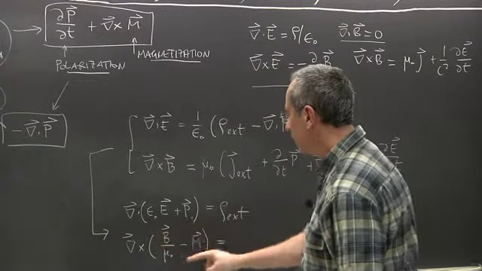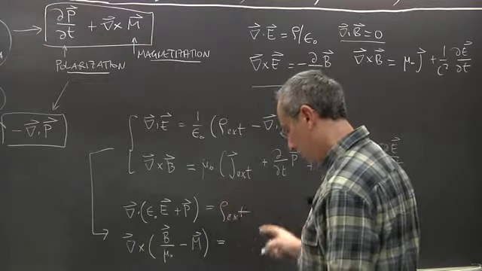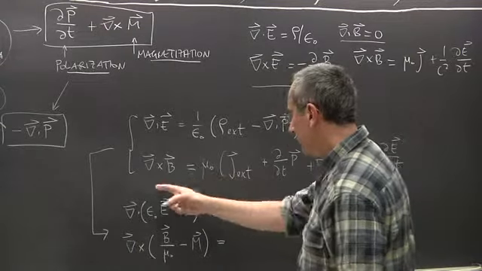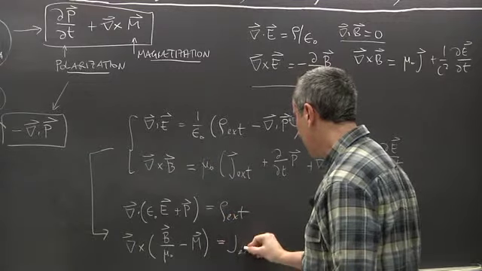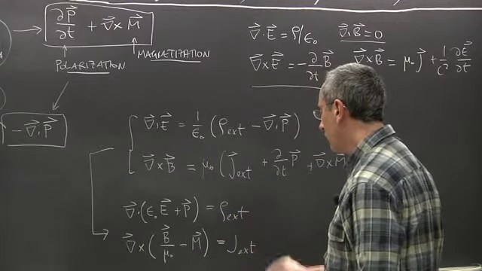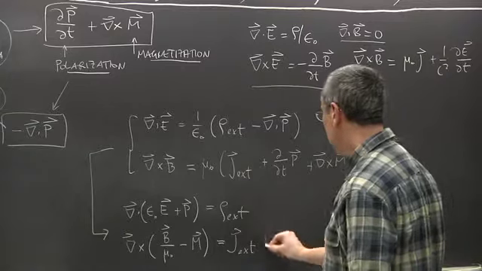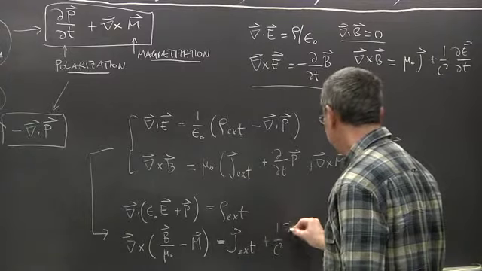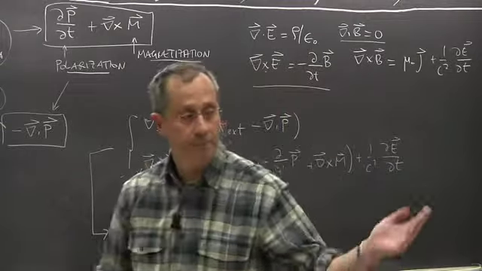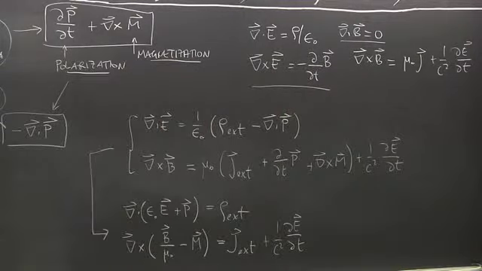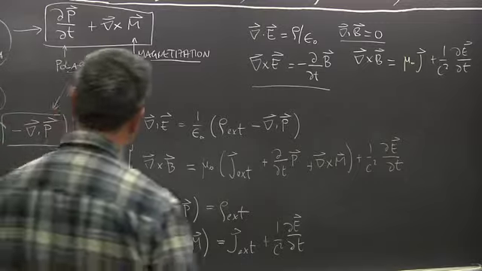And this quantity is equal to this, the mu naught I took to the other side. So here again, I just have the external current density plus the terms that come with the time derivatives of the electric field. So, okay.